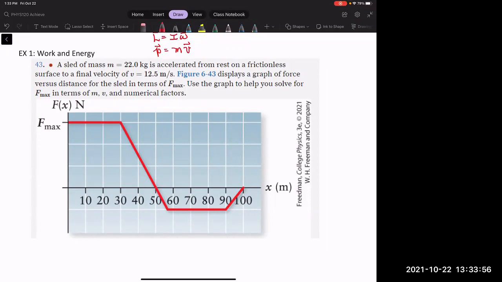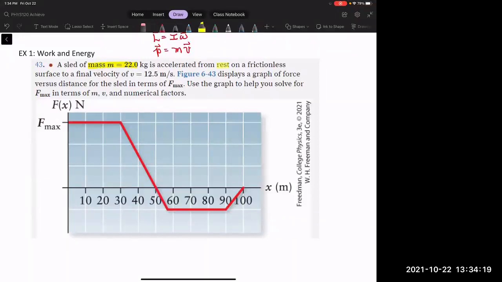First example is about work and energy. They tell you a mass is accelerated from rest on a frictionless surface. All these words in the statement are important to your solution. This is the mass of the object.